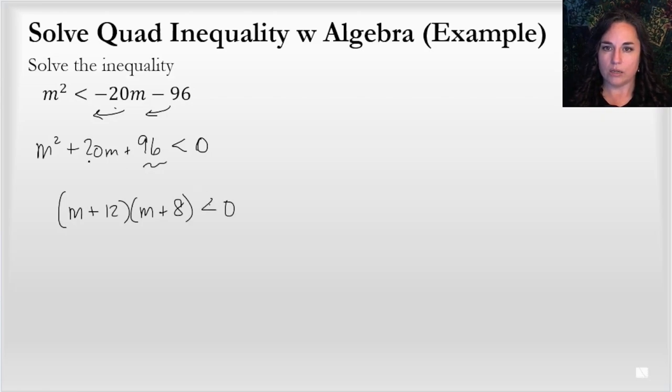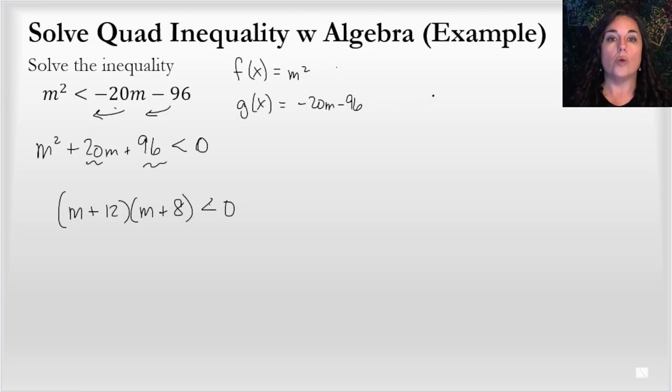And when we look at that, that is 20. So I have this going on. What I'm doing is finding where these two functions independently meet. So the way I like to think about it is f of x is m squared, and g of x is negative 20m minus 96. So we have a parabola and we have a line.